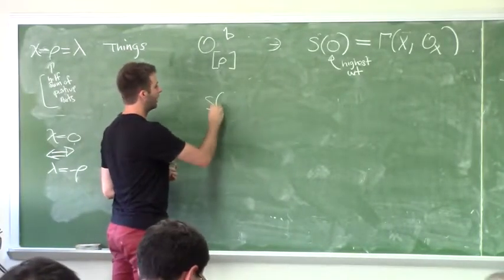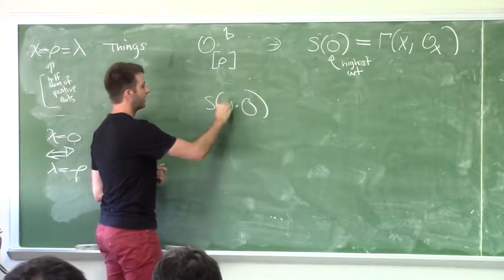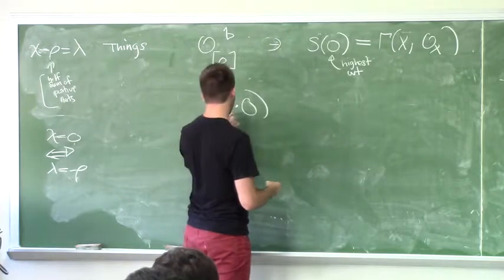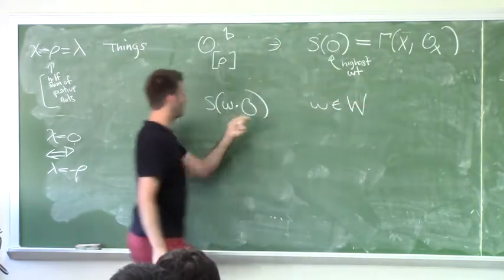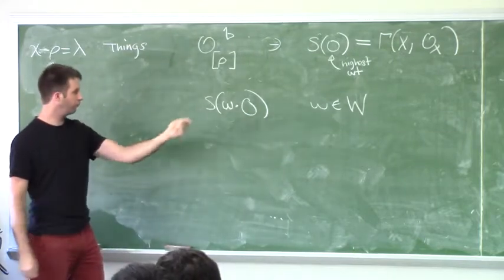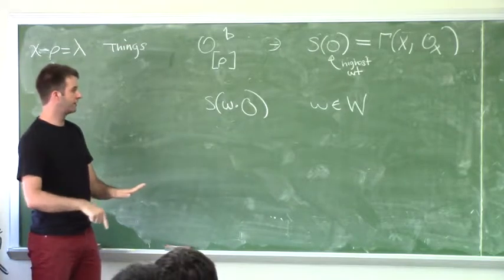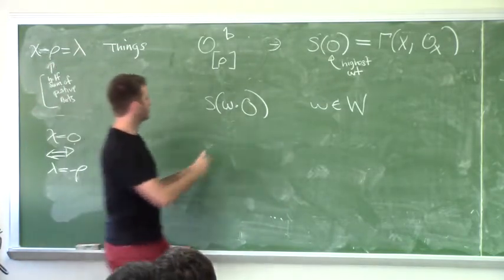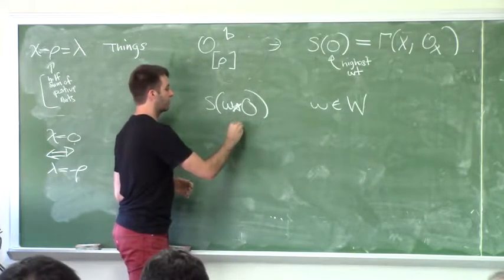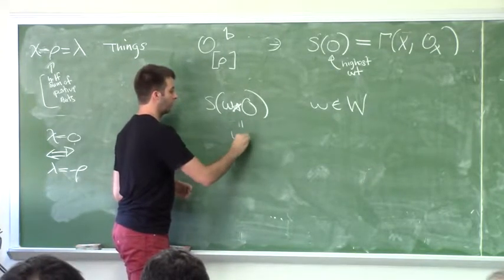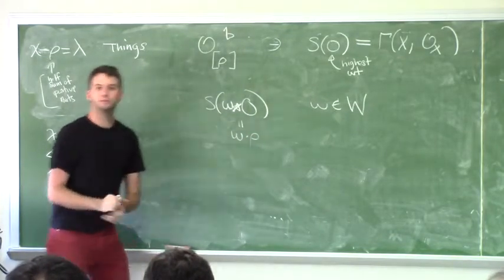The other things that you have in here are all the simples whose highest weights are some W orbit of 0. This is with the star action, or another way of writing this would be the ordinary action on rho.